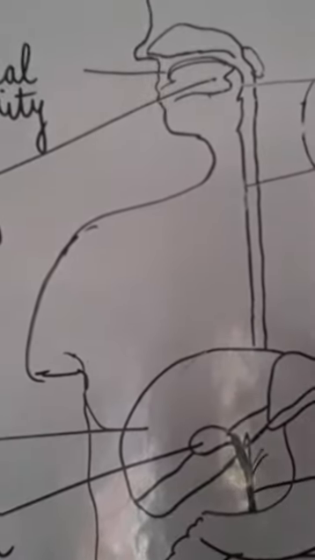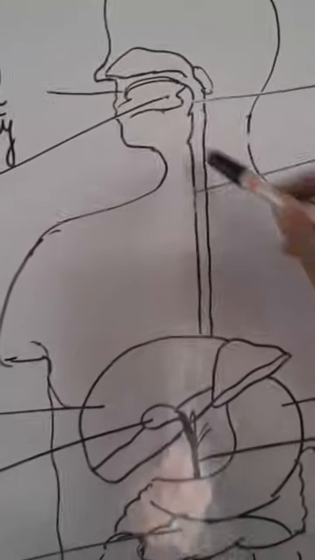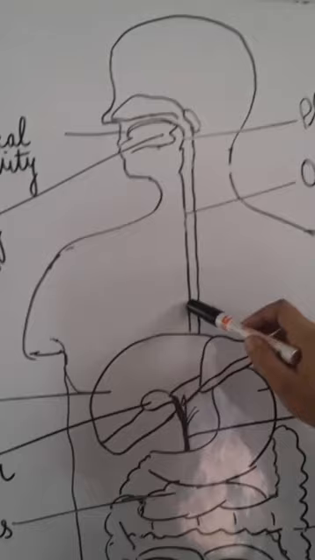The food pipe and wind pipe get separated from the pharynx. The wind pipe is called the trachea. The esophagus is a long tubular structure which is also called the food pipe.